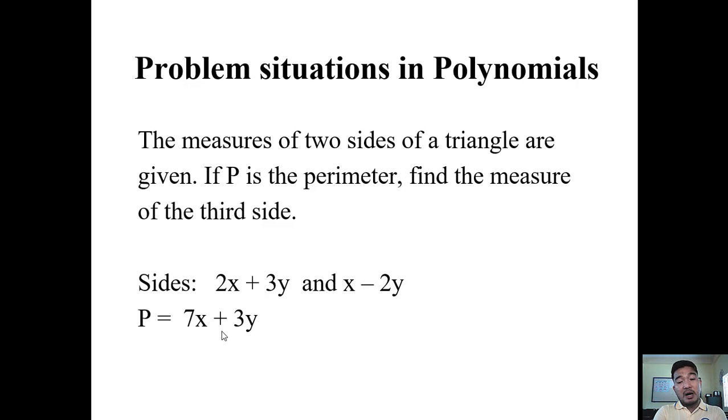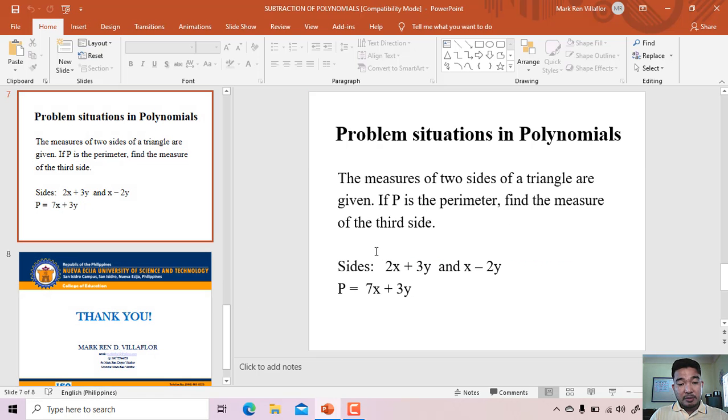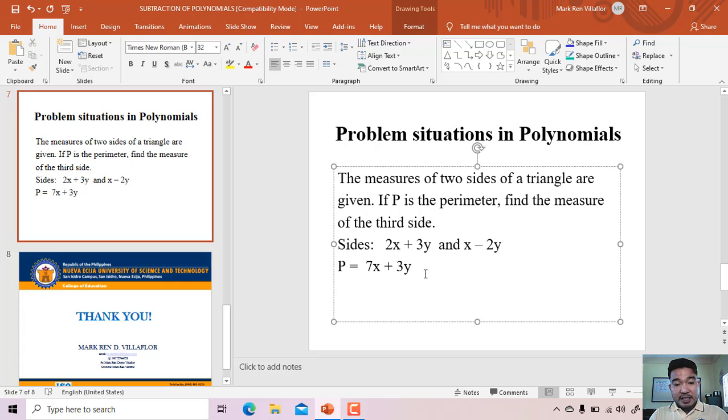Eh, paano nga kung nawawala yung isang side? Anong gagawin mo dyan? So, from here, i-compute natin. Since P is equal to the measurement of the three sides, eh mayroon ng given si P. Ano daw si P? That is 7x plus 3y.